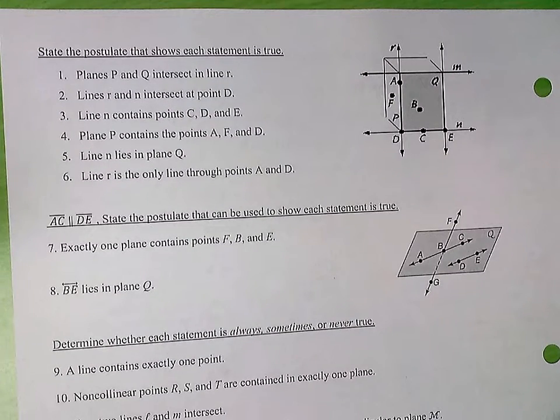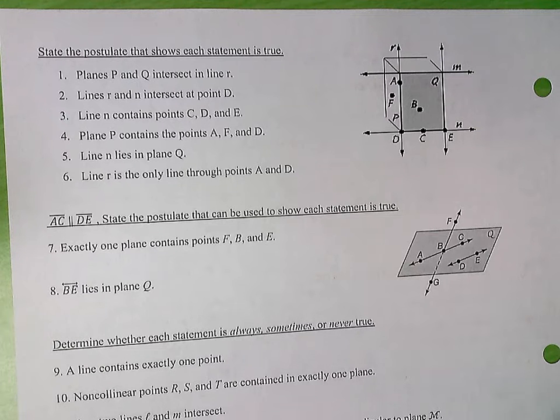On the back, what we want to do is, given these statements, we want to state which postulate from the front it's talking about. You can write 2.1, 2.7, whichever.